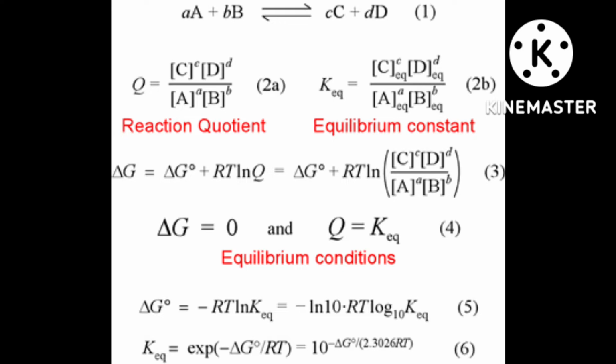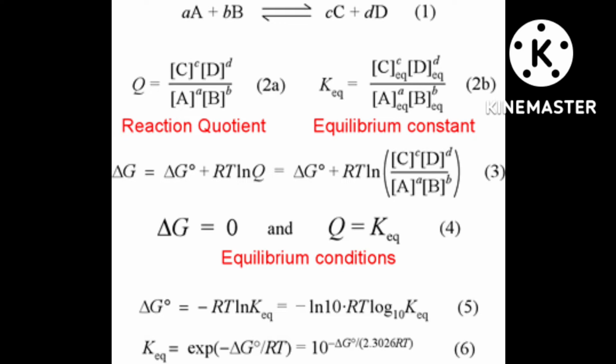A question is also asked: at equilibrium, what will be the value of delta G? Delta G should be zero, and delta S, the change in entropy, also remains zero. I am telling you, don't confuse, they ask 1 mark or 2 marks questions.